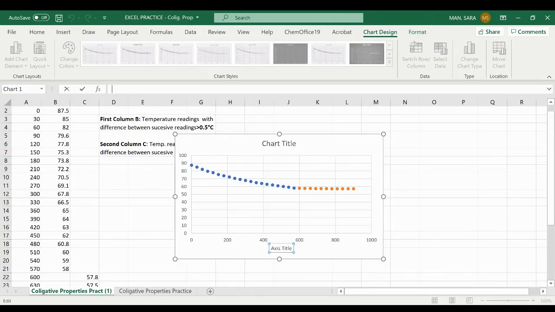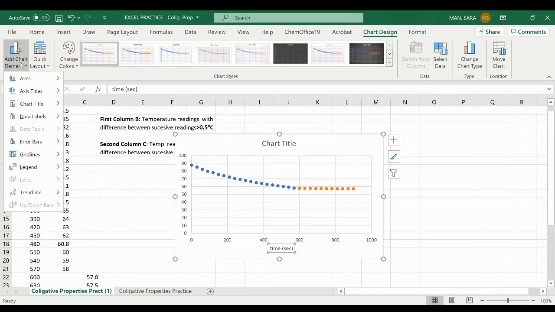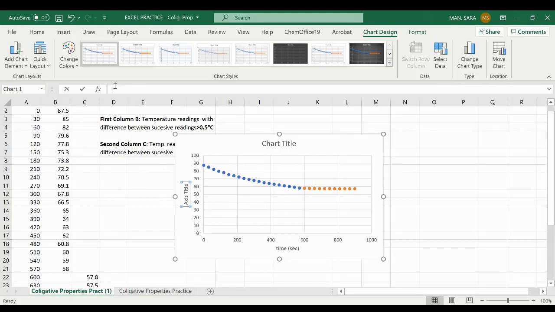Seconds. Exactly. So I will write time and in parentheses seconds. Very good. And then I can do the same for the vertical axis, with the units in parentheses. I can say Celsius.